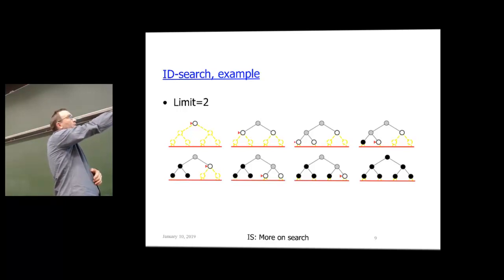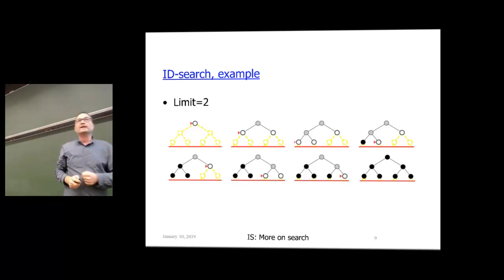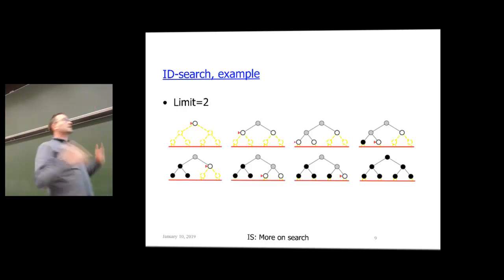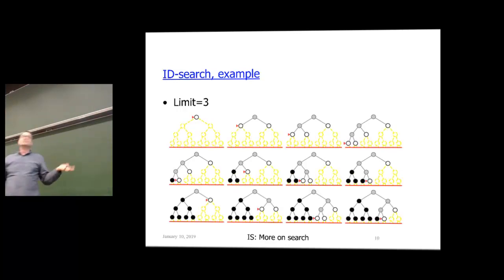We find the neighbor, it's not a solution, so we go up, we find the next one in our depth first search. So we do as if our tree was only 2 levels high, and we search it fully, completely. We haven't found a solution, we just go on and increase now to the level 3.